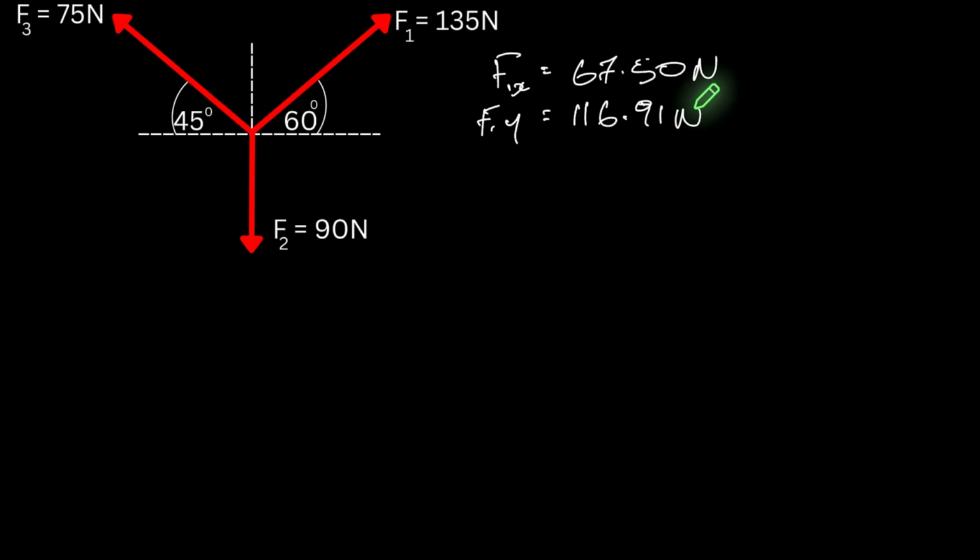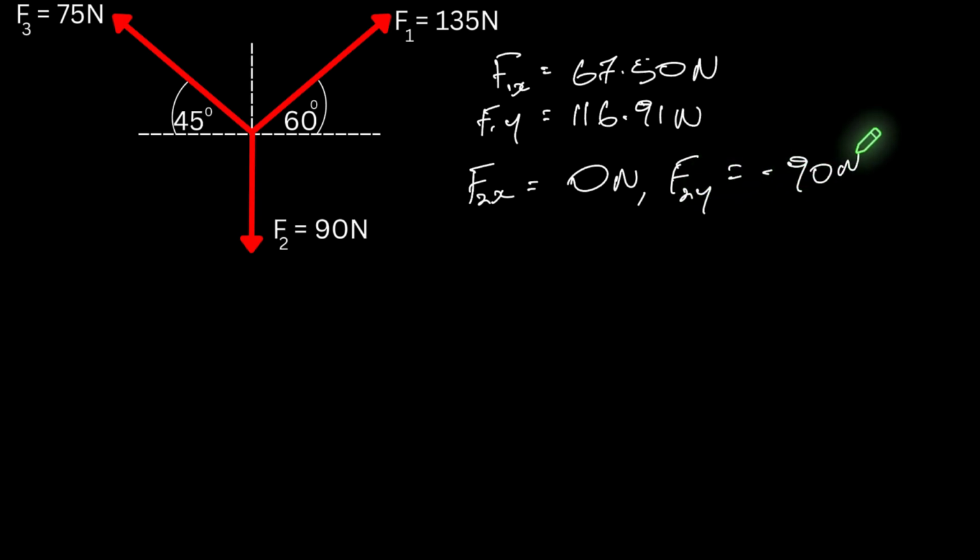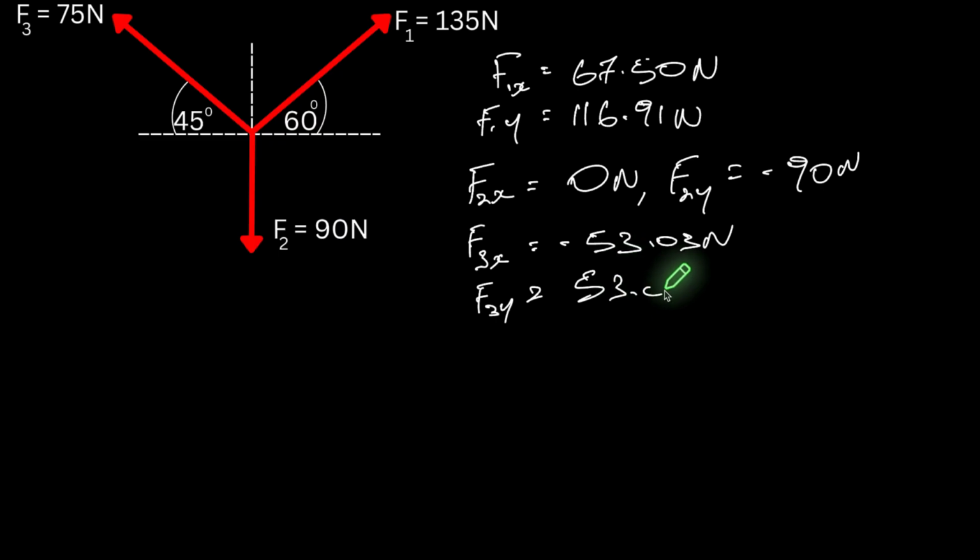What we got for F2x was 0, and F2y was negative 90 newtons. And for F3x, that was negative 53.03 newtons, and F3y gave us 53.03 newtons. So those are the outcomes of the forces.